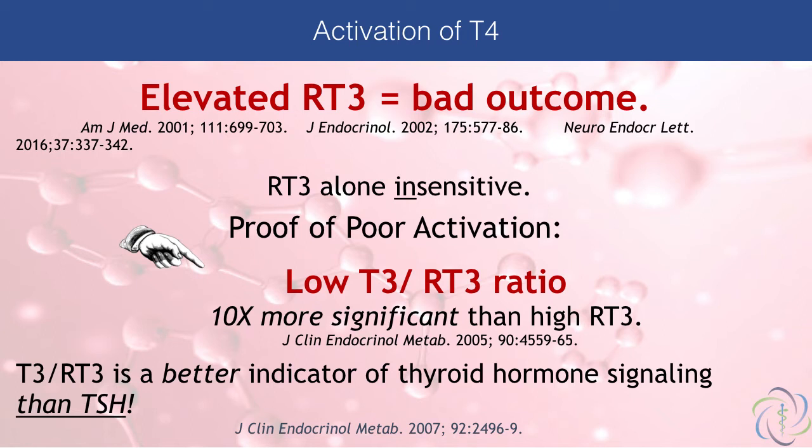If this ratio is low, meaning T3 is low or reverse T3 is high, then there is going to be diminished thyroid hormone function. And this ratio is a far better indicator of thyroid hormone signaling than is TSH. So the ratio is far more significant than just looking at the reverse T3 number.